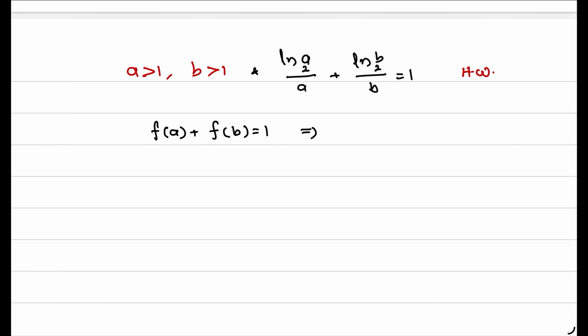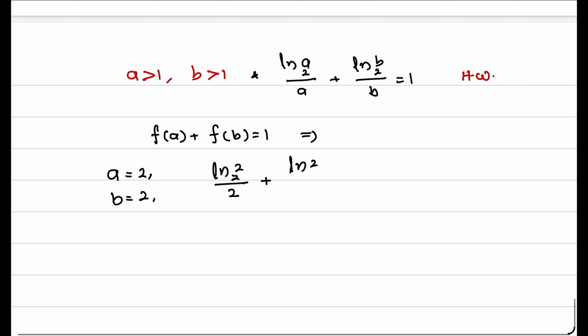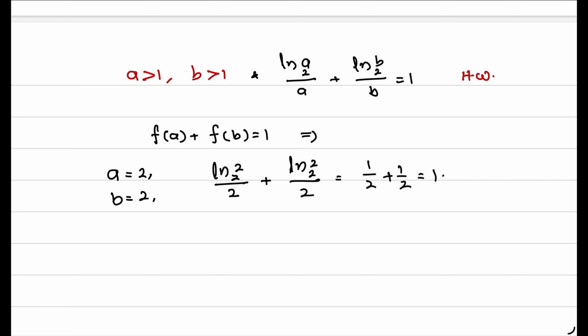For example, A is greater than 1. Let us say A is equal to 2. Then ln 2 to the base 2 divided by 2 and B is equal to 2. Let us say ln 2 to the base 2 divided by 2, that is equal to 1 by 2, plus 1 by 2 is equal to 1, which satisfies this equation.